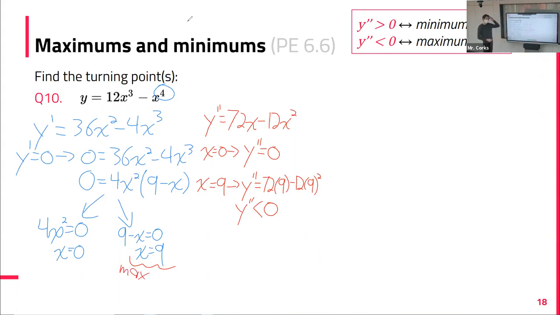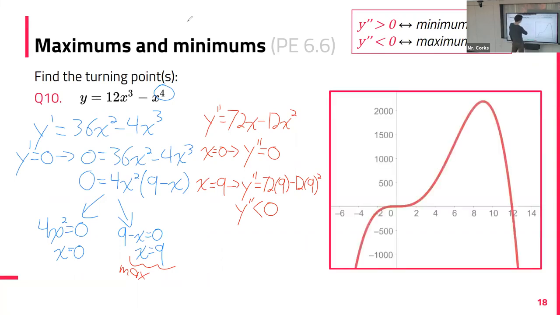But what's happening when x is equal to 0? Okay, so it's going to go flat, but it's not actually going to turn. It's going to keep going in the same direction. So this is the graph here. It's going to look like this.